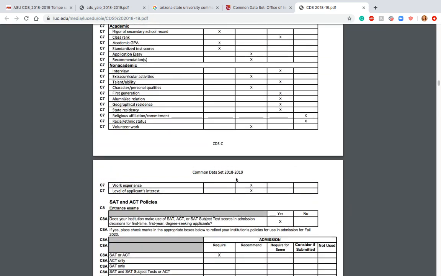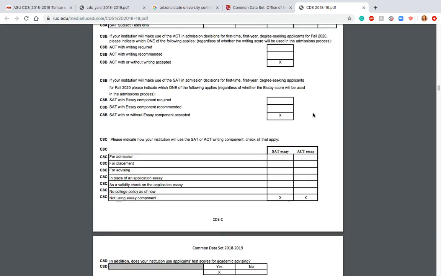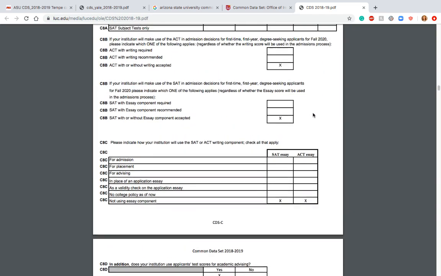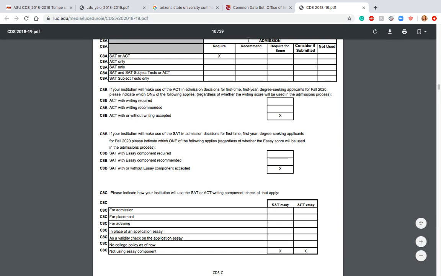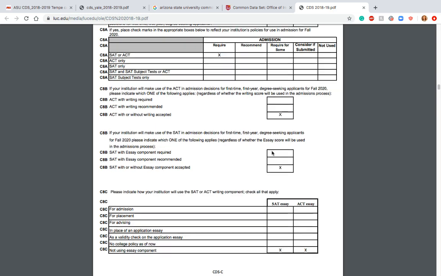So for example, when I say that, some schools have religious affiliation that is very important to them. And you look at Loyola, and it's not. So it depends on the school and how they're positioning themselves. In terms of testing, they do require the SAT or ACT, so they are not test optional. They will take it without writing.